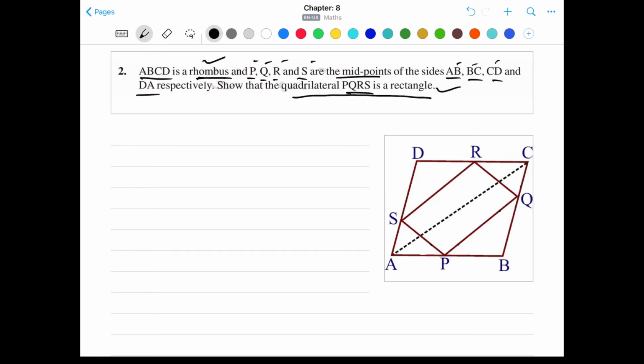Let's start answer number 2. First we'll mention the given part.